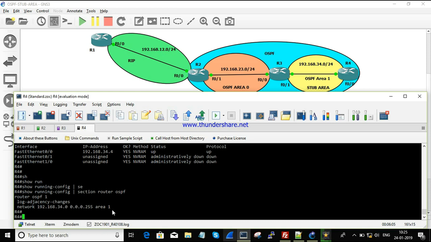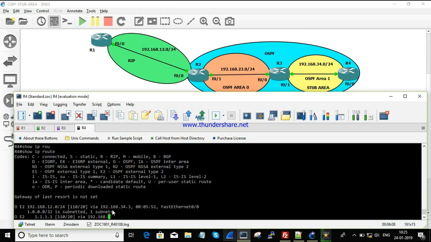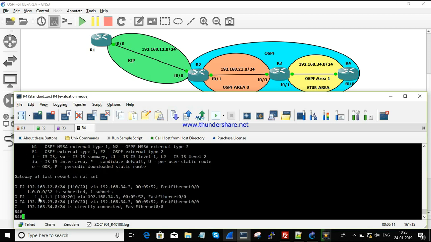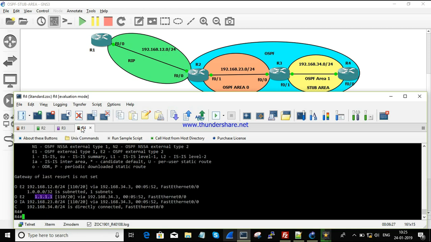Let me check the routing table of R4. We can see the loopback IP 1.1.1.1, which is configured on R1, coming from the other routing protocol. R1 doesn't have any information about OSPF, it runs only RIP, yet we get the information in R4, which runs only OSPF area 1.